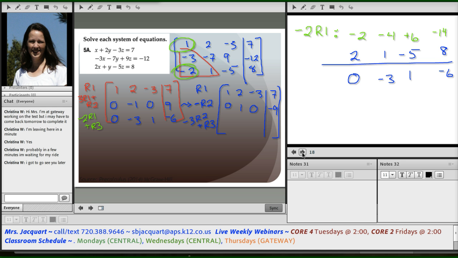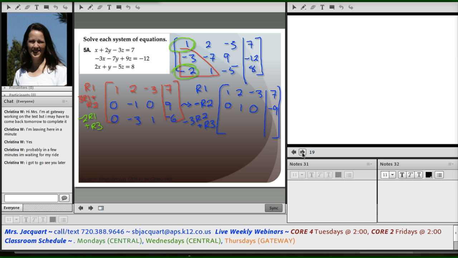And then let's work this next problem. So we said -3 times row 2, which is 0, +3, 0, -27. And then row 3 is 0, -3, 1, -6.